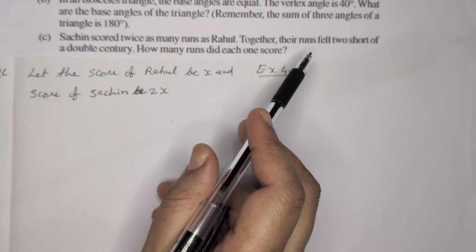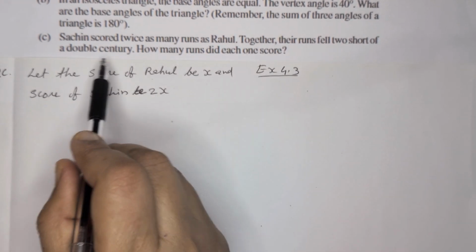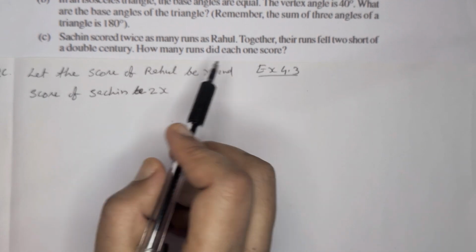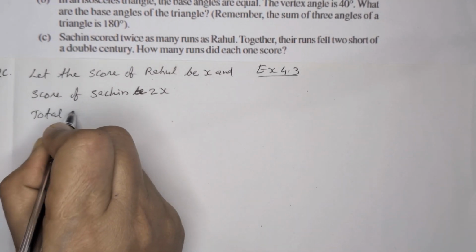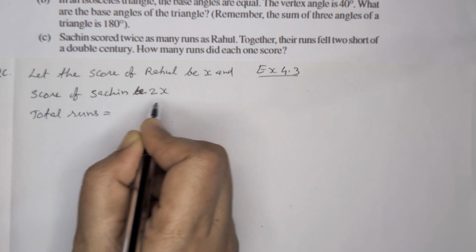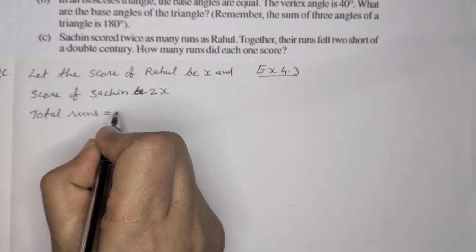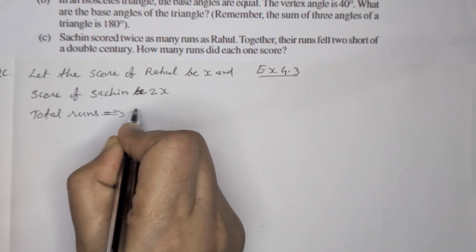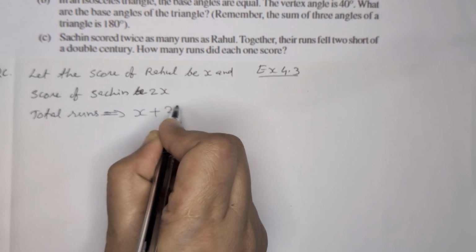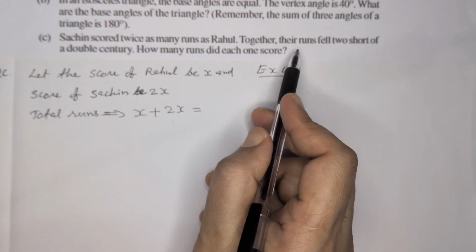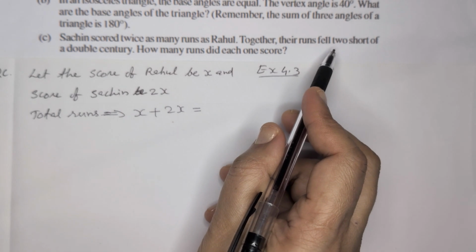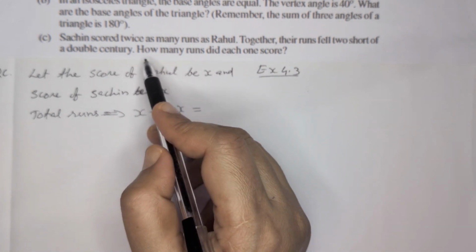Together their runs fell too short of a double century. That means the total runs is equal to Rahul's runs x plus Sachin's 2x, equal to their runs that fell short of a double century.